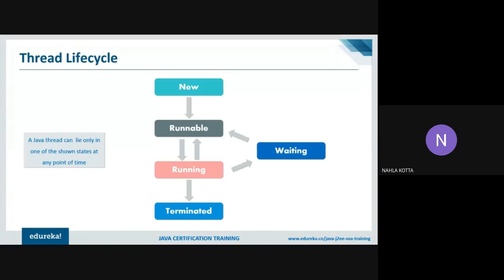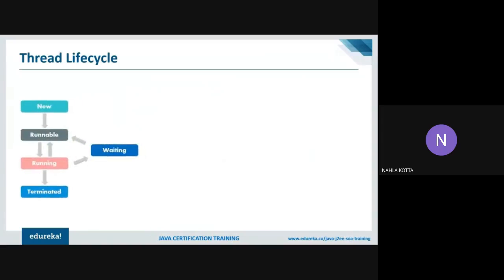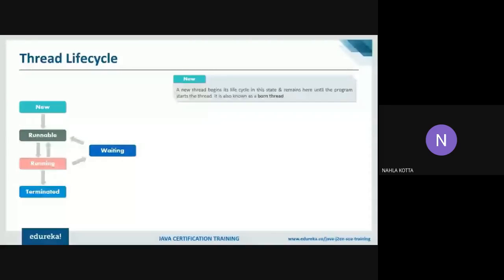Let us have a look at the individual states. Having a new state means that we are going to initiate a new object of a thread. You can even say that the thread is just born. It's just like creating an object of a thread in memory. Thereafter, once a thread is created, we start the thread.